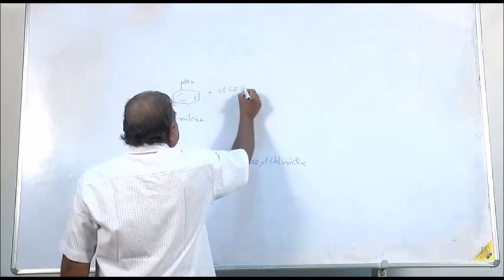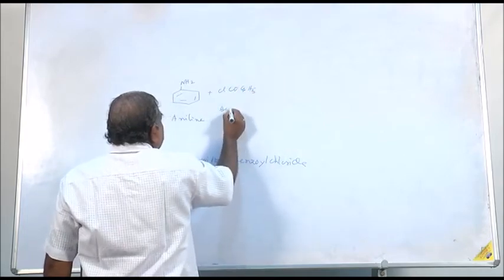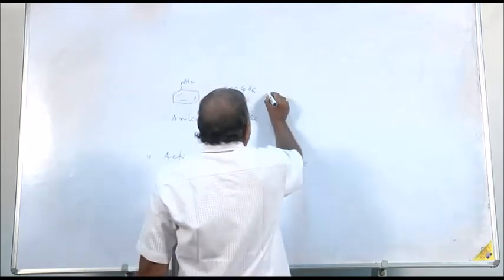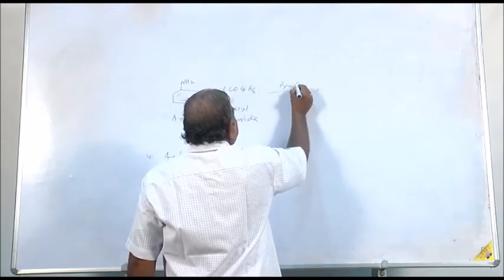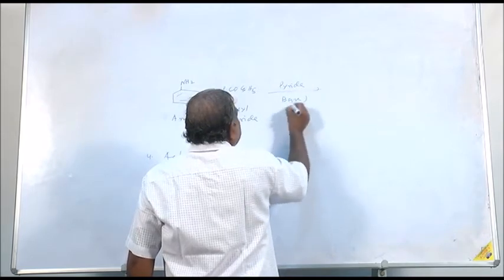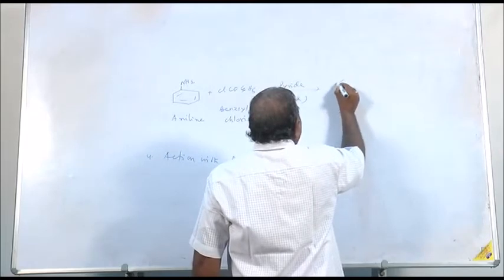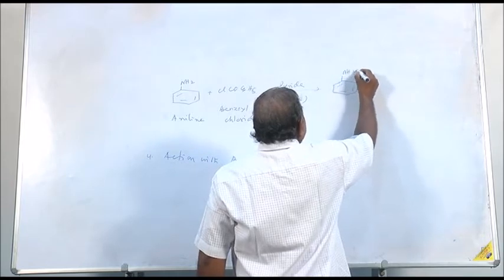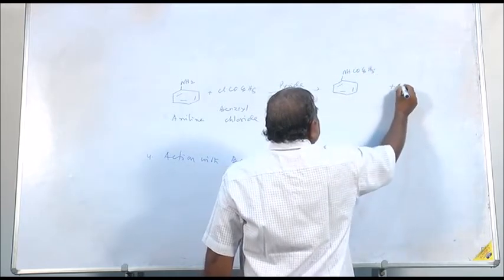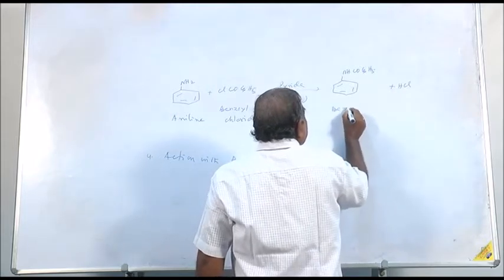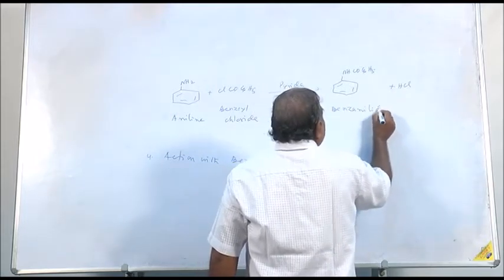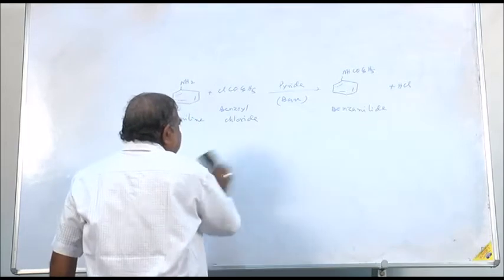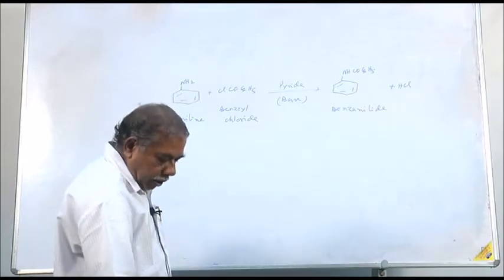Benzoyl chloride is C6H5COCl. I have written it the reverse way. With benzoyl chloride, a base like pyridine is required to neutralize the HCl produced, to form this, which is your benzanilide. So with acetyl chloride you are getting acetanilide, with benzoyl chloride you are getting benzanilide.